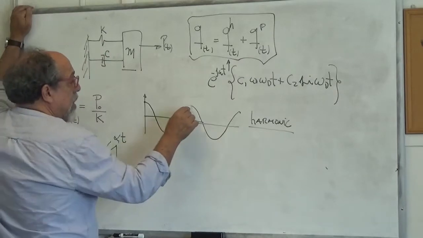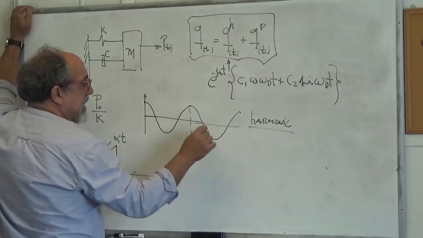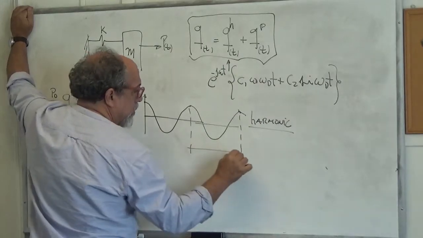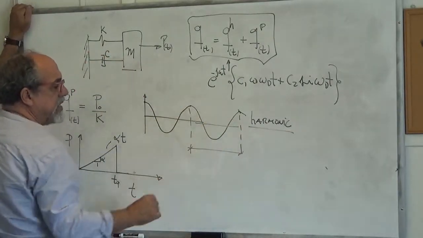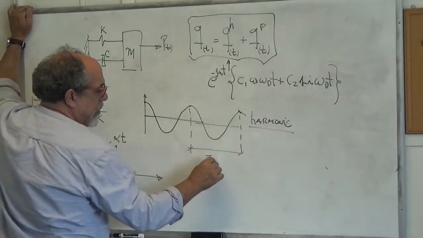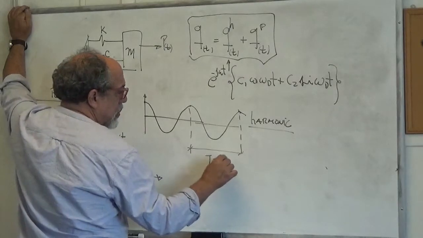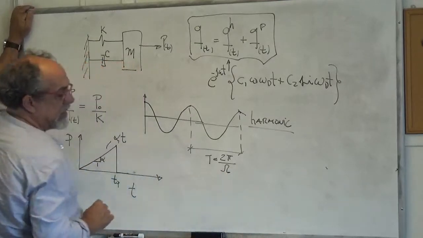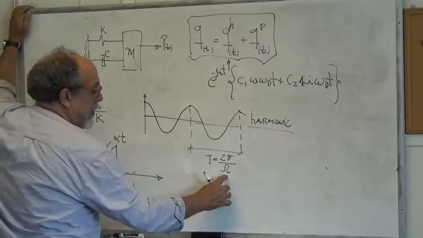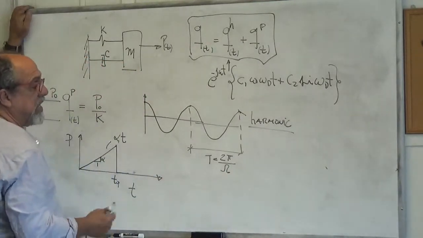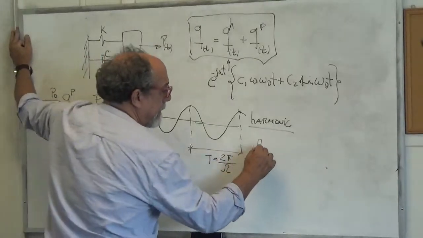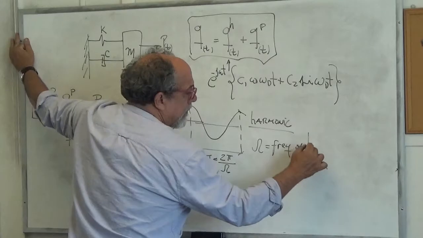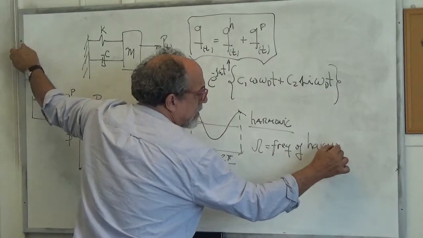In the harmonic loading, there is a certain period, which is the time that it takes this thing to repeat itself. And this period, we're going to say that it is 2 pi over this capital omega. So we're going to refer to this omega as being the frequency of the harmonic loading.